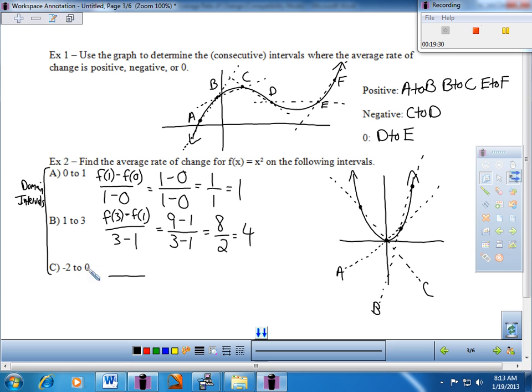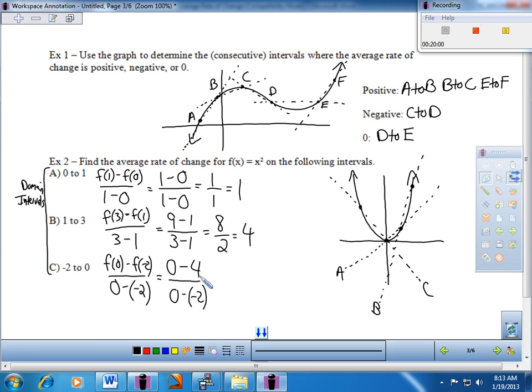So let's do x2 minus x1. So just right away, I do 0 minus -2. And then f of 0 minus f of -2. Excellent. Okay, so 0 minus -2 on the bottom. I'll keep that for the moment. f of 0, 0 squared, we already figured out. And then minus f of negative 2. Negative 2 squared is 4.